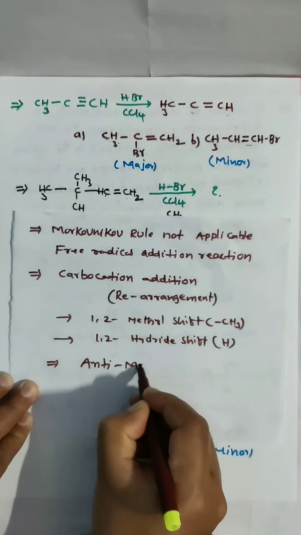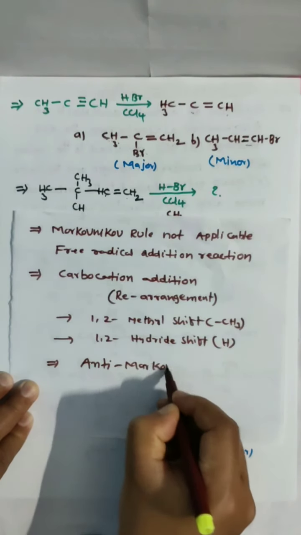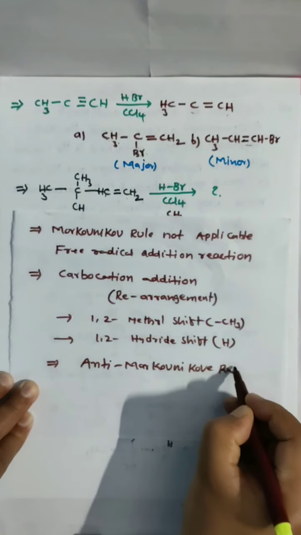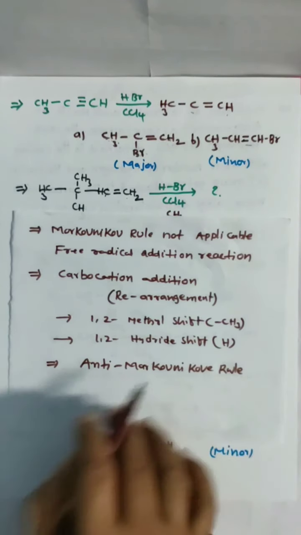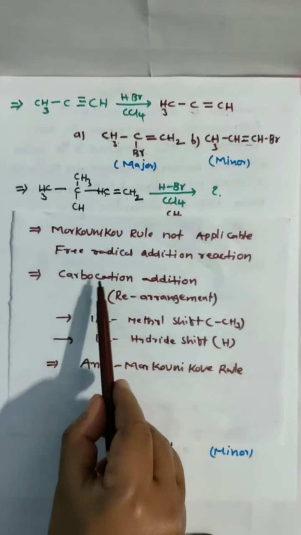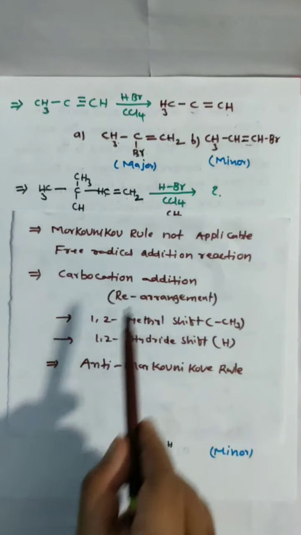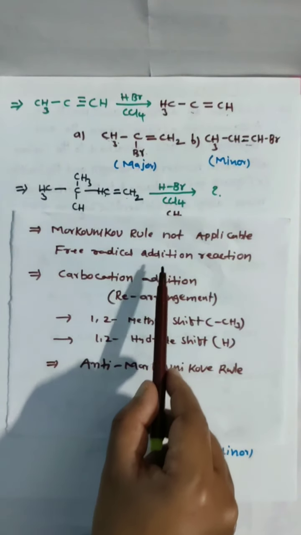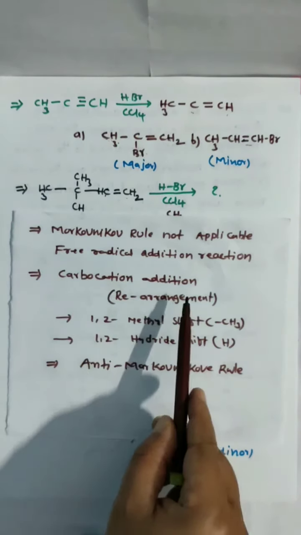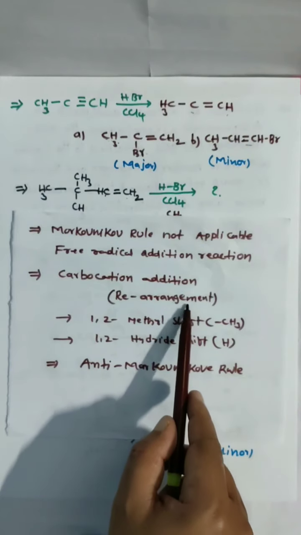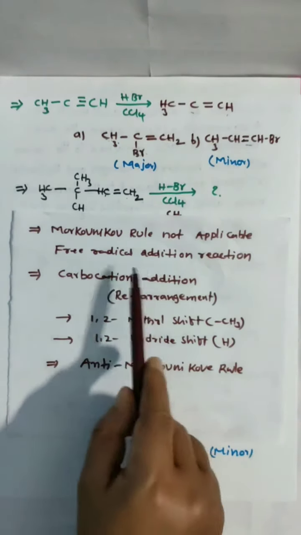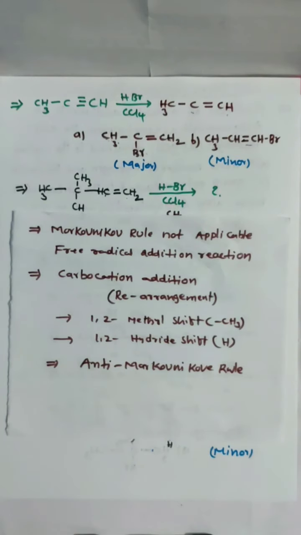Remember: the Markovnikov rule for carbocation addition, the anti-Markovnikov rule for free radical addition. In carbocation addition, rearrangement is possible, but in free radical addition, rearrangement is not possible.